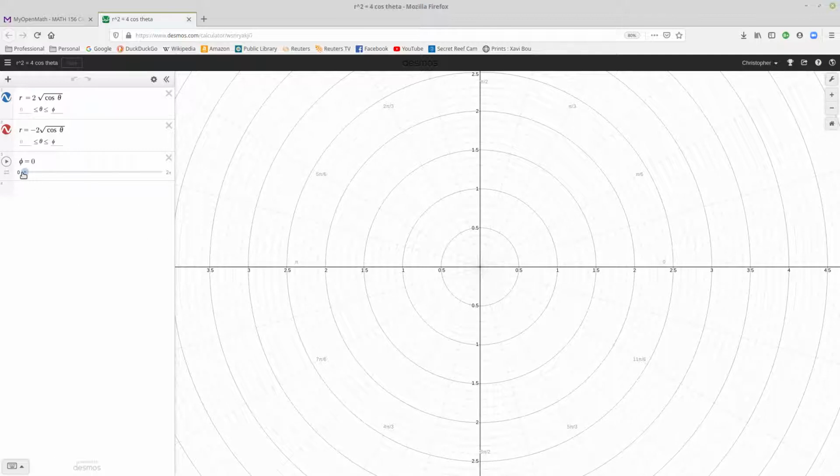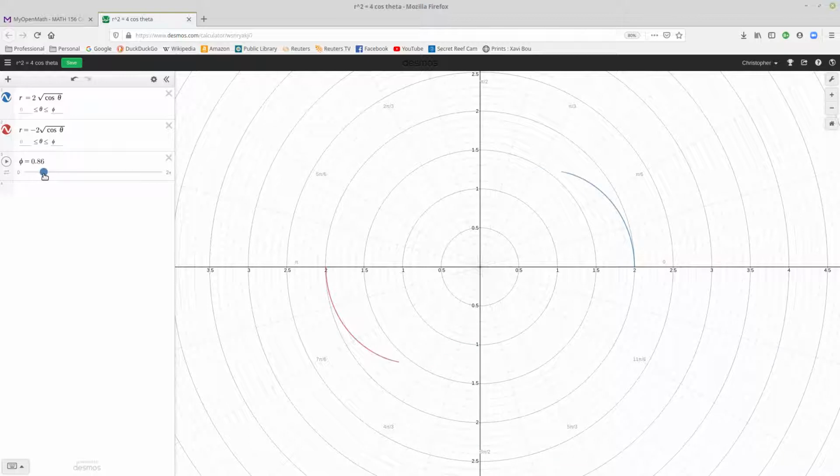And as I scroll manually, you can see that I've started a blue curve over here, and that corresponds to the positive root, and I've started a red curve over here, which corresponds to the negative root. And as I scroll, what we need to make sure we understand is that both of these are being drawn simultaneously.